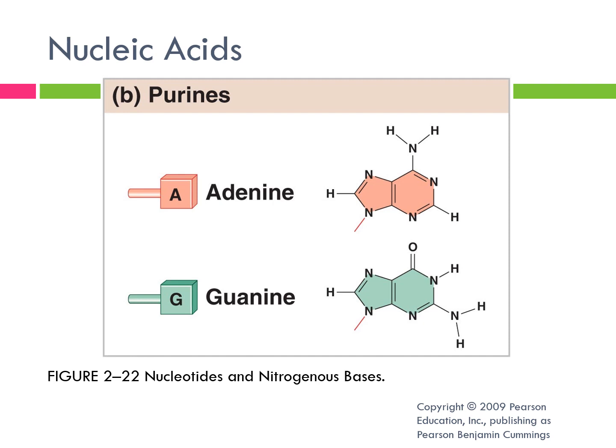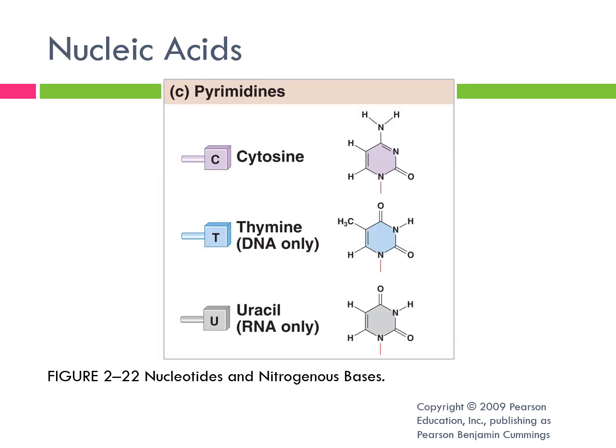Purines are adenine and guanine, and purines have 2 ring structures here, which accommodate several nitrogen atoms. So adenine and guanine are our purines. Pyrimidines are cytosine, thymine, and uracil.